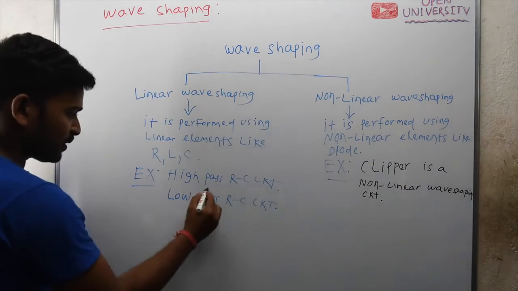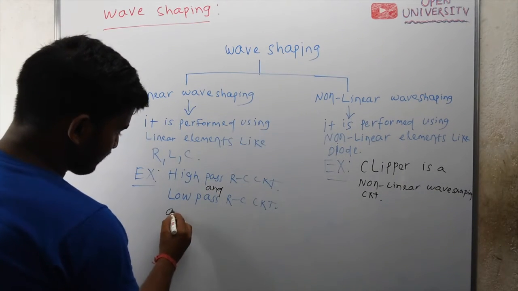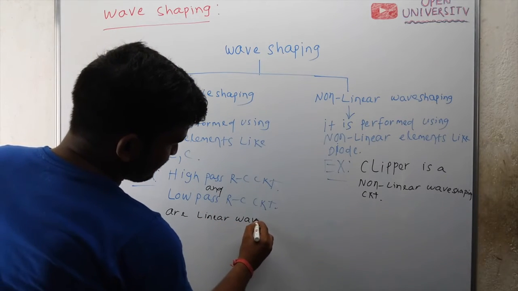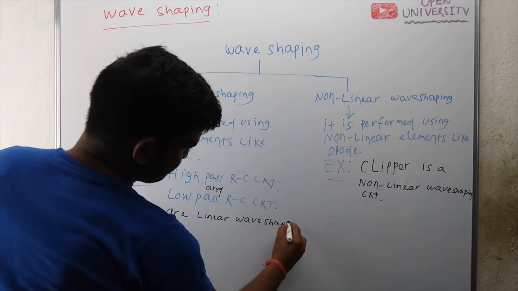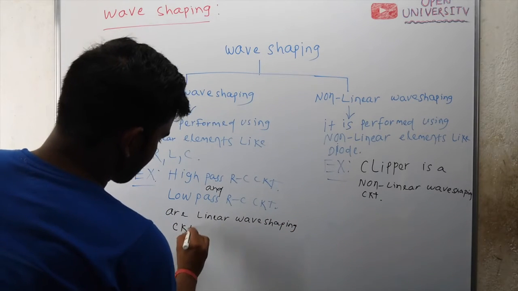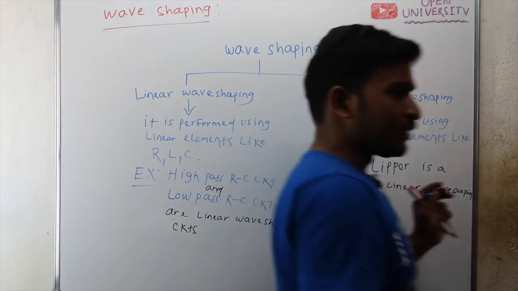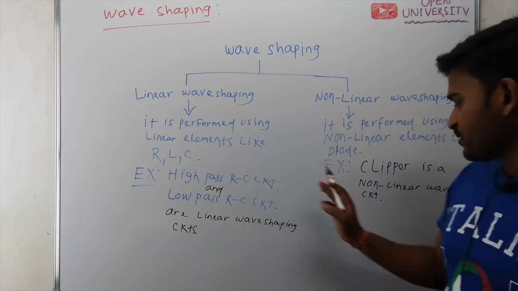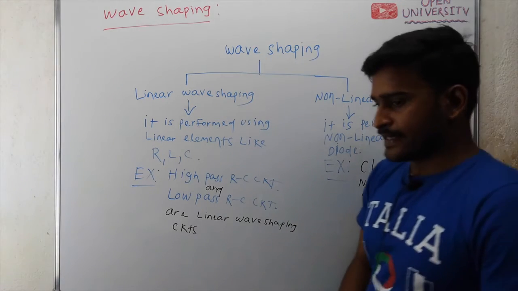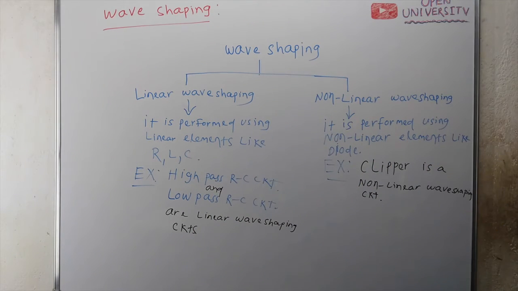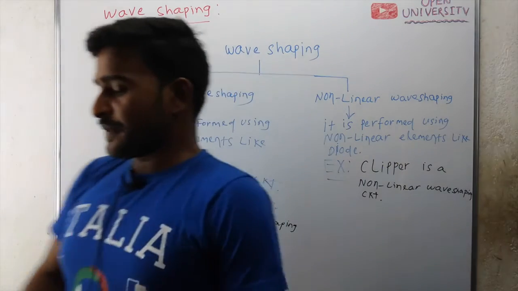The high pass and low pass circuits are linear wave shaping circuits. We'll discuss the high pass RC circuit and low pass RC circuit, and also the clipper circuit, in detail. So this is the classification of wave shaping.